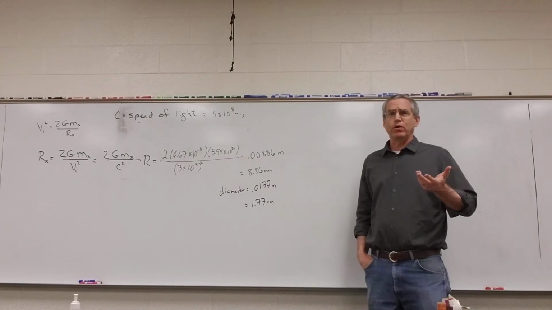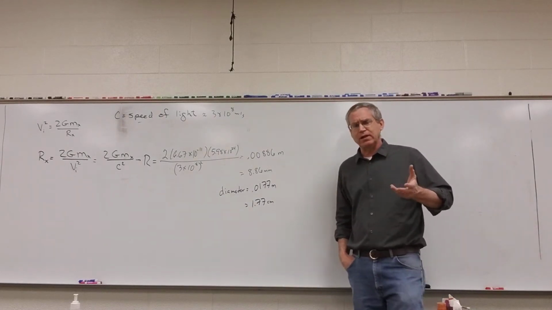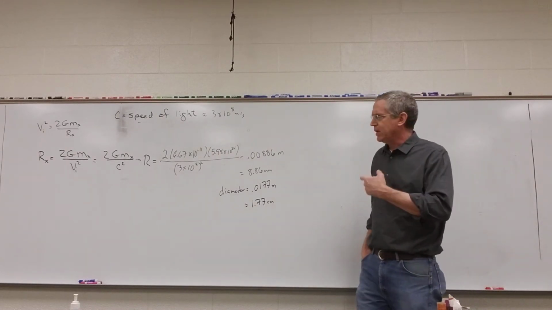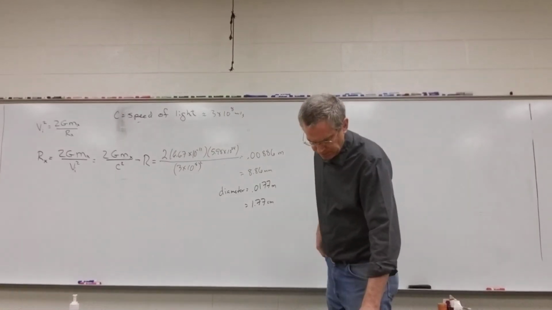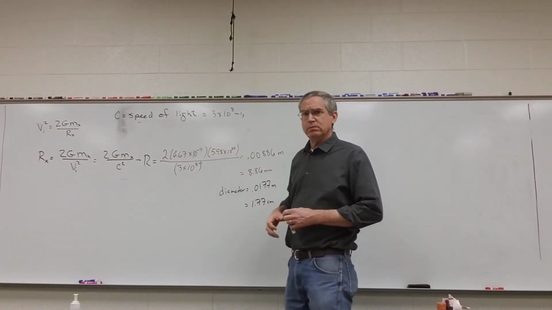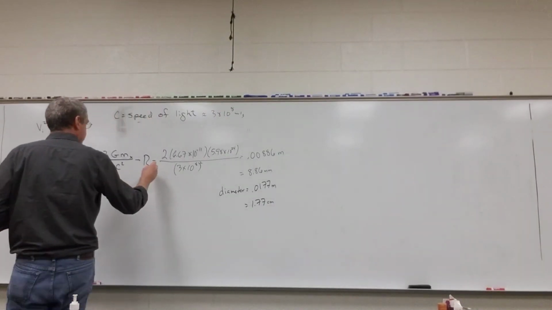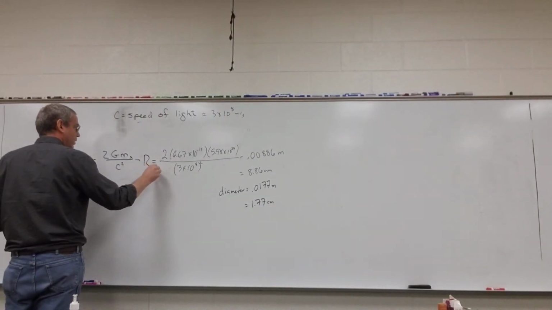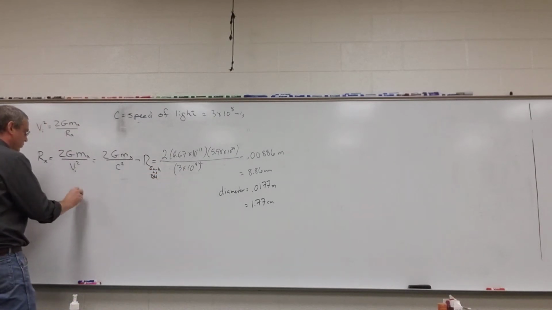Now, the fact that the Earth would become a black hole is ridiculous. That's just not going to happen. And so let's do it again, except this time for our sun. The only thing that's changing here is this value right here. So that was for Earth as a black hole, and now let's do the radius of the sun as a black hole.